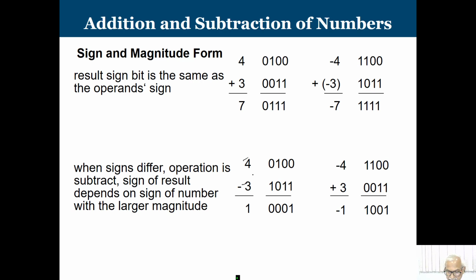The sign of the result is the sign of the larger of the two numbers. So this is the way we have to handle it. To find the sign, we need additional circuitry to get the exact sign of our result. So this is the way we have to design our circuit.